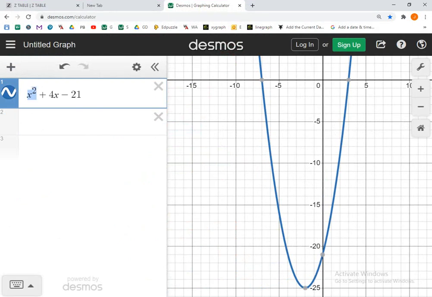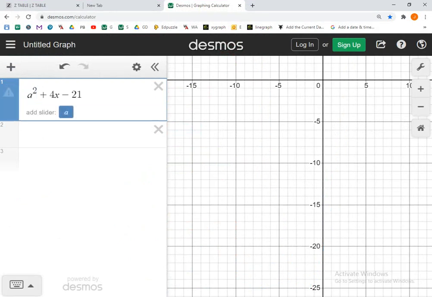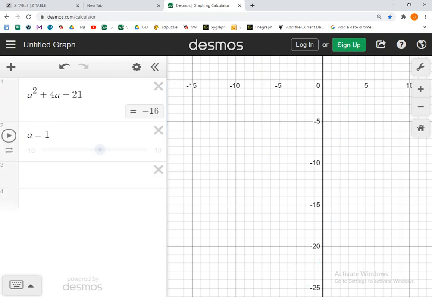Okay, so I'm going to change this just so I can create a slider here. No matter what number I choose, so this is taking 1.9 and plugging it in here, right? And I get negative 9.79. You see that a lot of these numbers are not 0, correct? A lot of these results, when I plug 6 into this, I get 39.